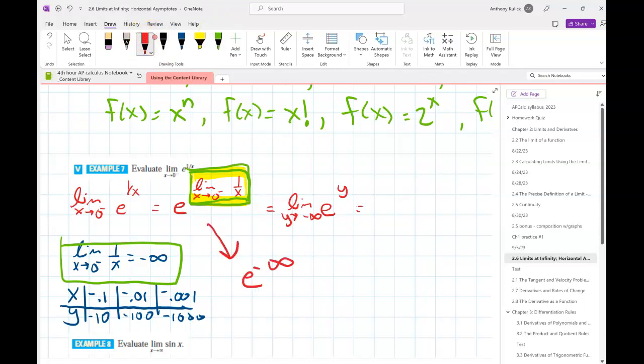But I can't do this. You can't just plug negative infinity into a function. You're not allowed to do that. But what I can do is create a dummy variable, the y, and just have y go to negative infinity. That's my workaround.